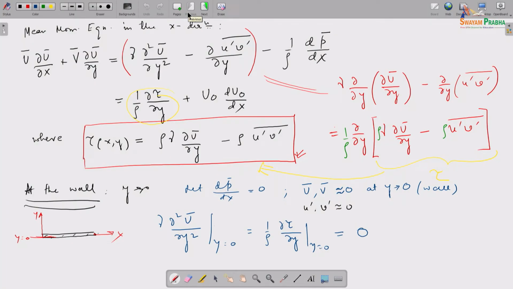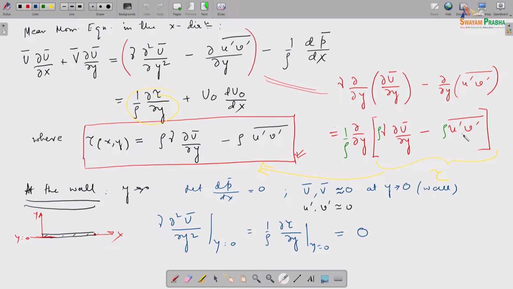Now what we wrote previously here is the total stress. That was a combination of the viscous stress, this part is the tau, this is the viscous part because you have the viscosity coefficient there, and this is the Reynolds stress. So the total stress is a combination of both.